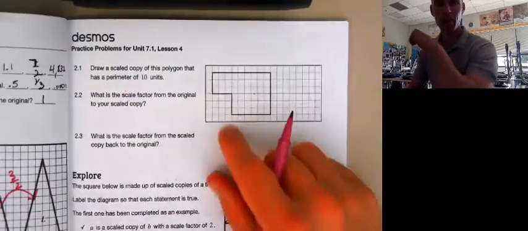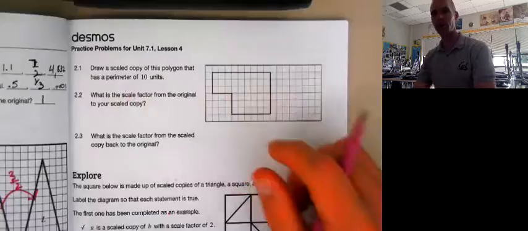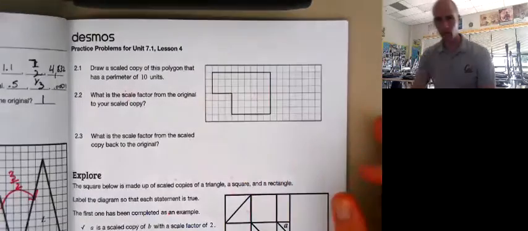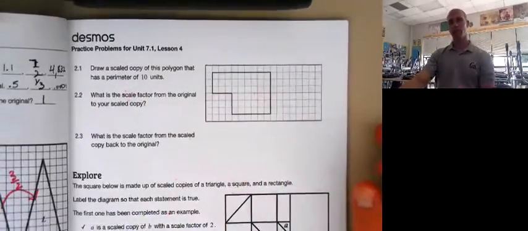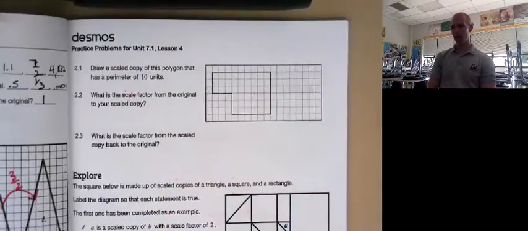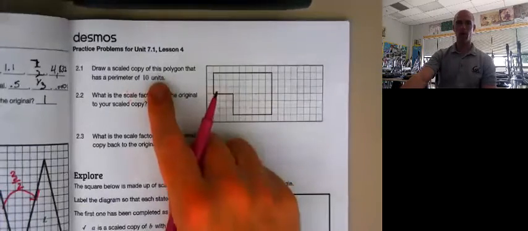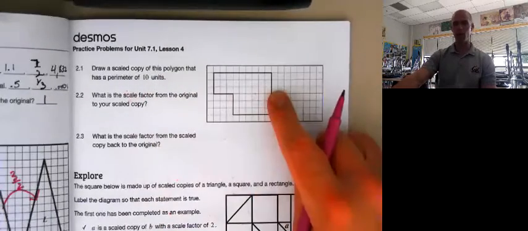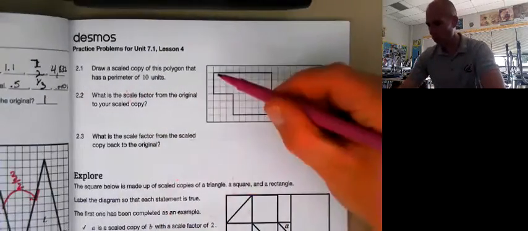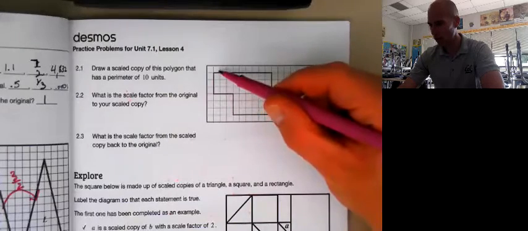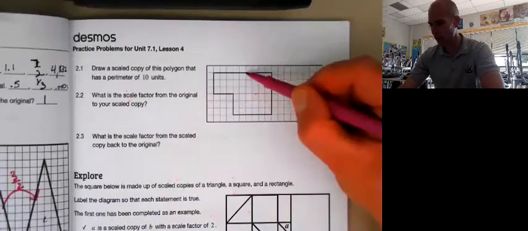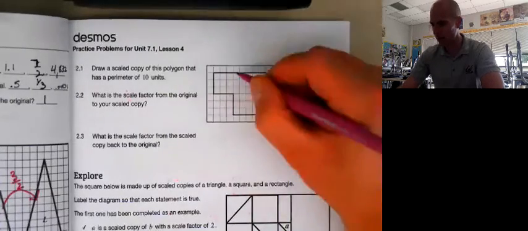Draw a scaled copy of this polygon that has a perimeter of 10 units. Okay, so they're making us think bigger picture backwards here, because obviously we're gonna have to make something small, right? The perimeter of this is way bigger than 10. Let's look. Starting from this corner, 1, 2, 3, 4, 5, 6, 7, 8, 9.